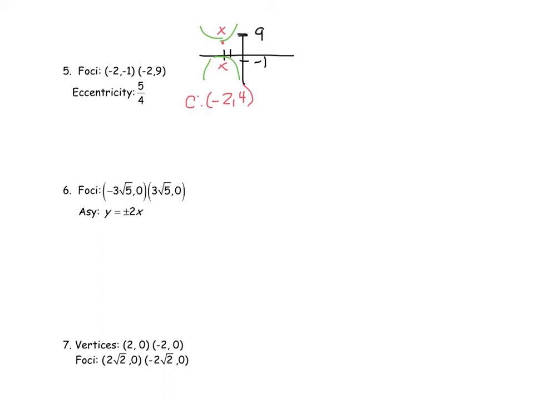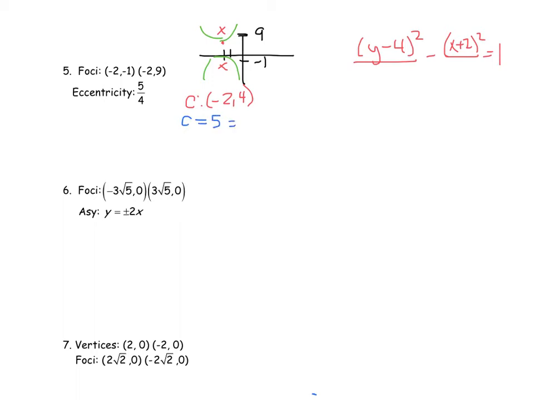Since I know it opens up and down, I know y comes first. And if I plug in the center, I've got y minus 4 squared over something minus x plus 2 squared over something equals 1. Now, eccentricity is c over a. Also, from looking at my picture, I know that c, the distance between the center and the focus, is 5.